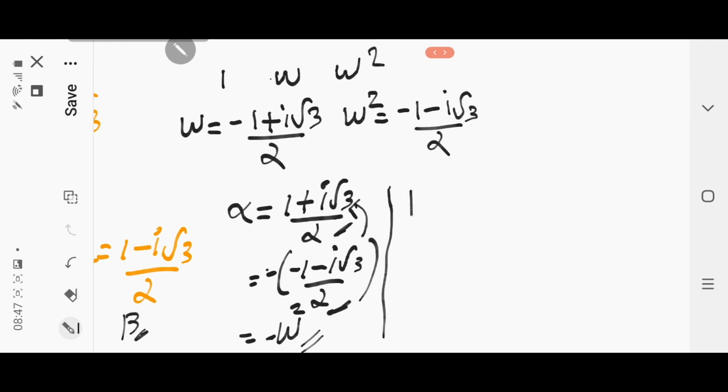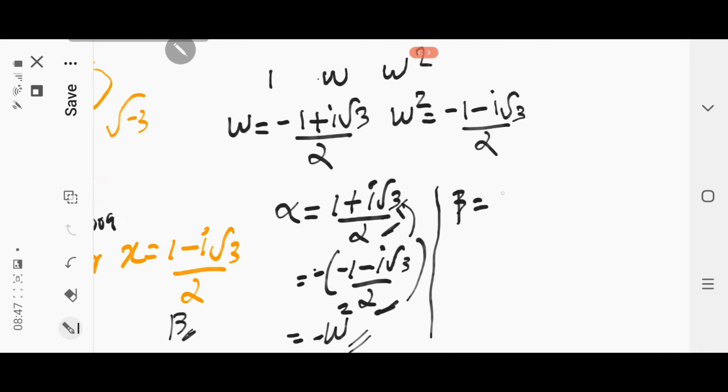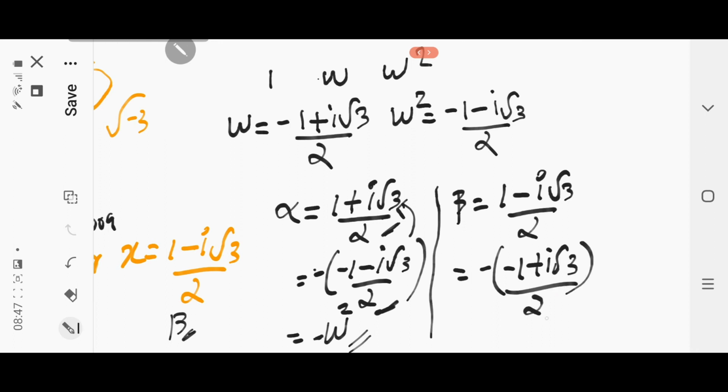In the same way, going to beta, one of the roots of that equation, beta, is 1 minus i root 3 divided by 2. Here also, I took minus as common, and this 1 becomes minus 1, and minus i root 3 becomes plus i root 3, the whole by 2.